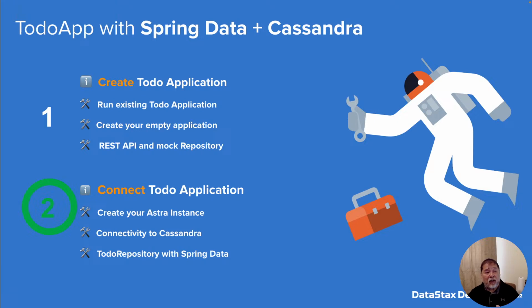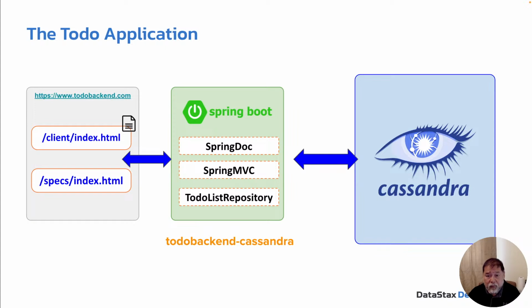The next part, we're going to move to the cloud. It's actually all been in the cloud, but we're going to move to hosted Cassandra in the cloud, and that is ASTRA. So we're going to take ultimately our Spring Boot code and connect it using Spring Data to ASTRA Cassandra.